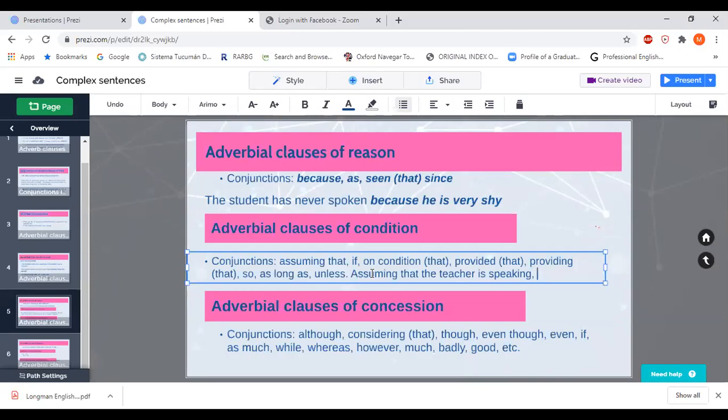Hmm, there is not a clear condition and result relationship in that sentence. Okay. Assuming that the teacher is speaking, the students will... Can somebody else please try to finish?